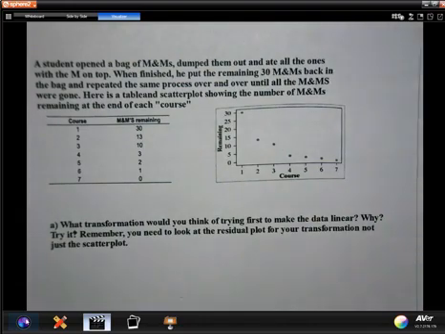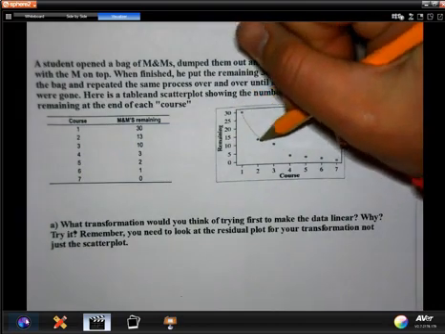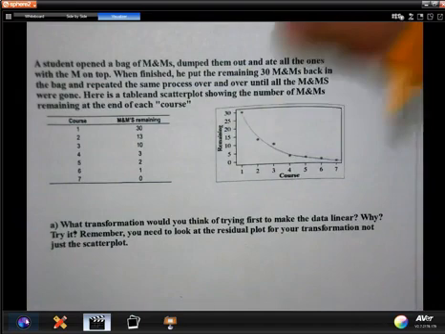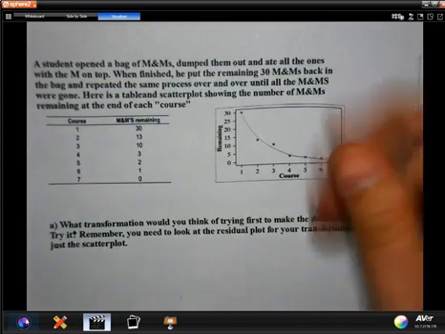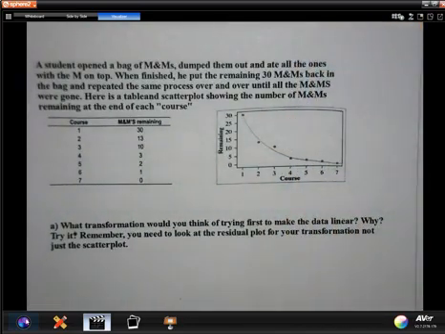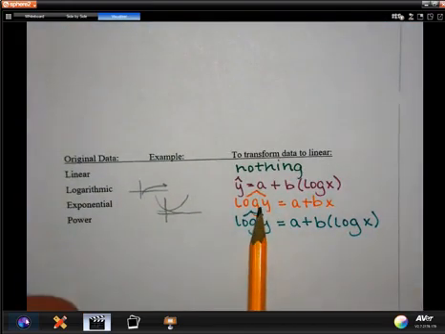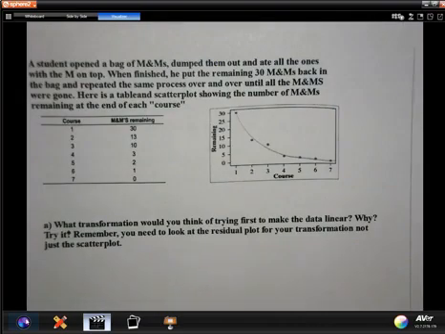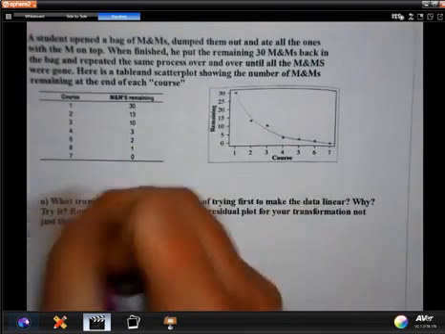So, if we look at the original data, we have almost that exponential decay idea. So for an exponential, we want to take the log of y. So the y's are the M&Ms remaining. So let's see.